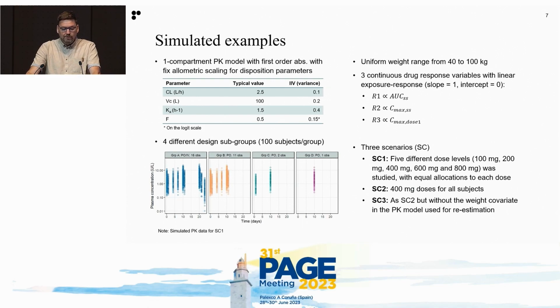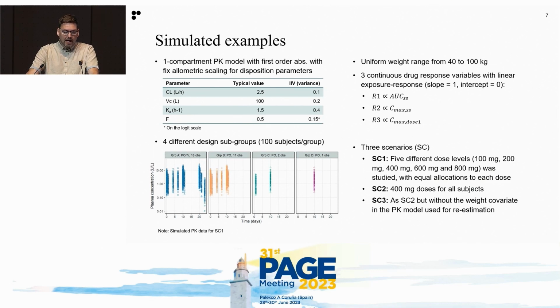So to look into this, we have applied a simulation re-estimation approach. We applied a one-compartment PK model with first-order absorption and with fixed allometric scaling for disposition parameters according to the table. We simulated an analysis data set with 4 different subgroups, 100 subjects in each.